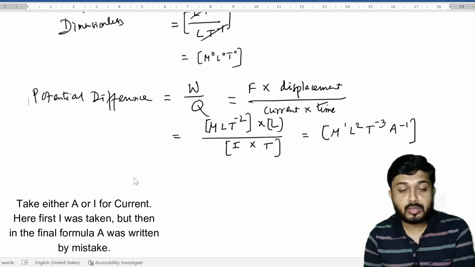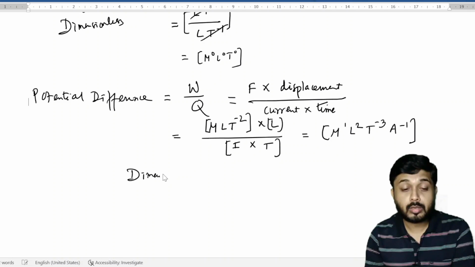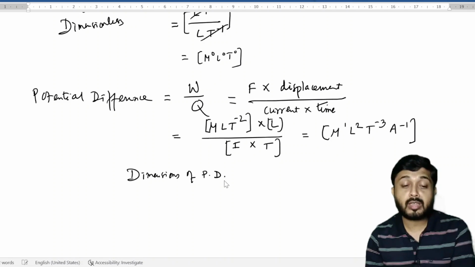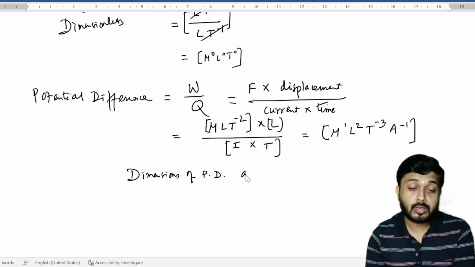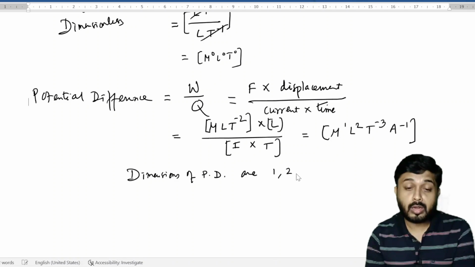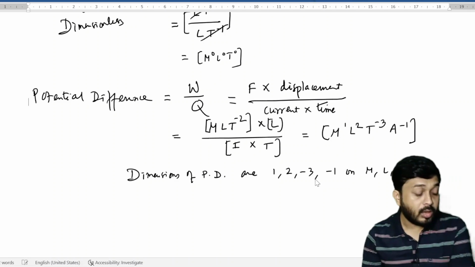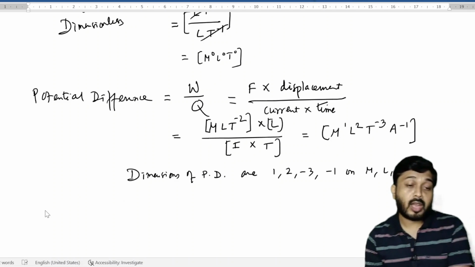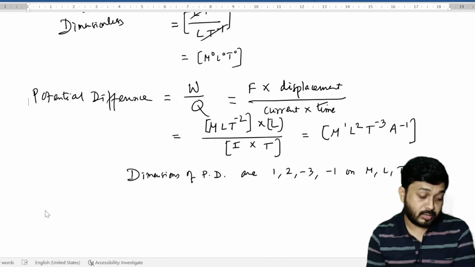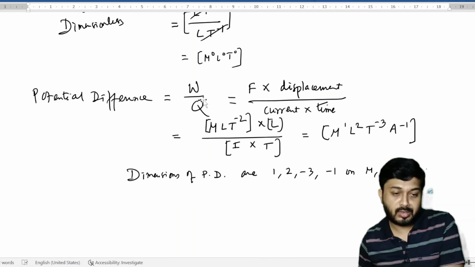So the dimensions of PD, that is potential difference, are 1, 2, minus 3 and minus 1 on M, L, T and A. Alright. After that, let me tell you the dimensional formula of a few constants such as Boltzmann constant.